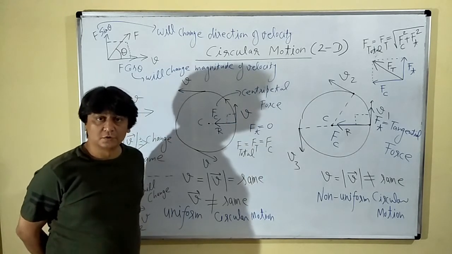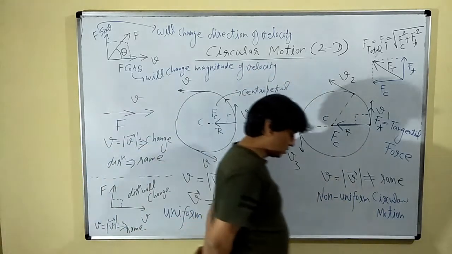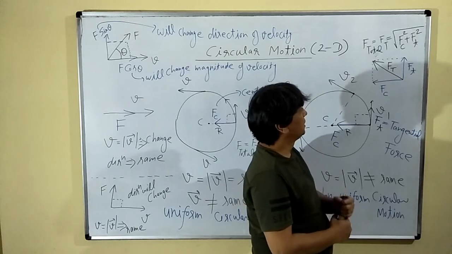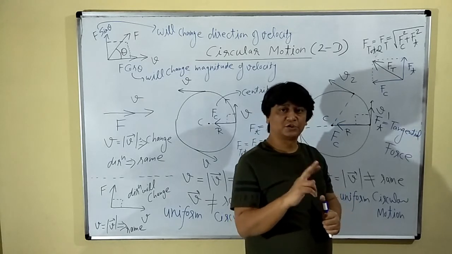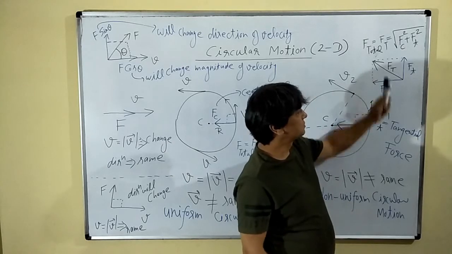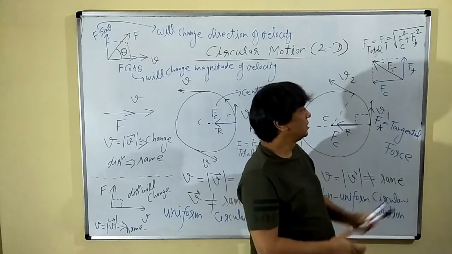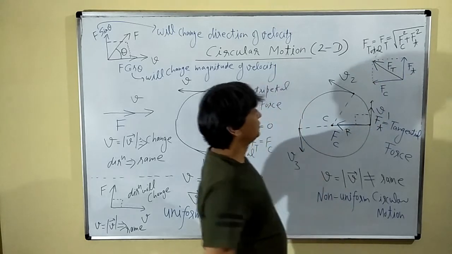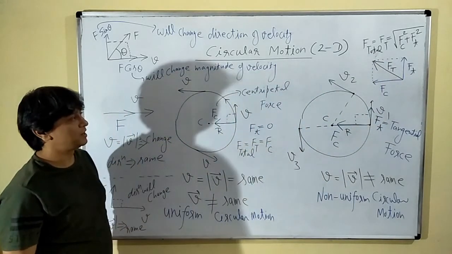And total force on the object is vector sum of these two components.